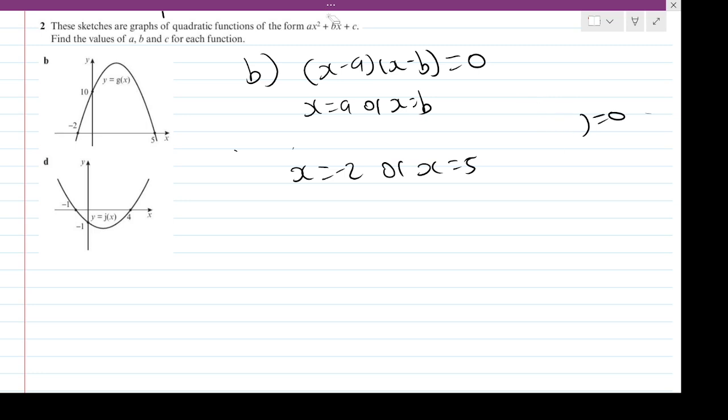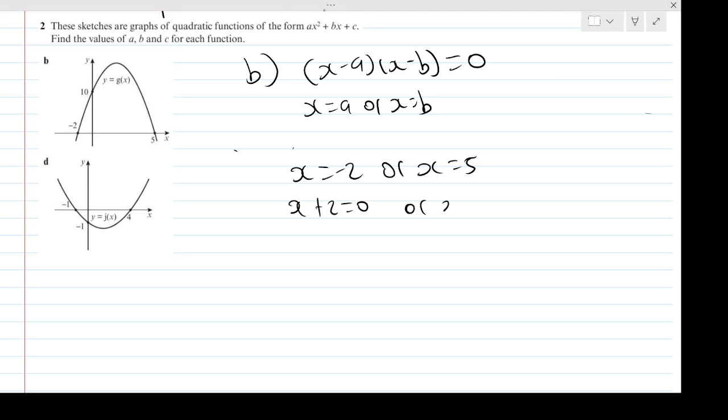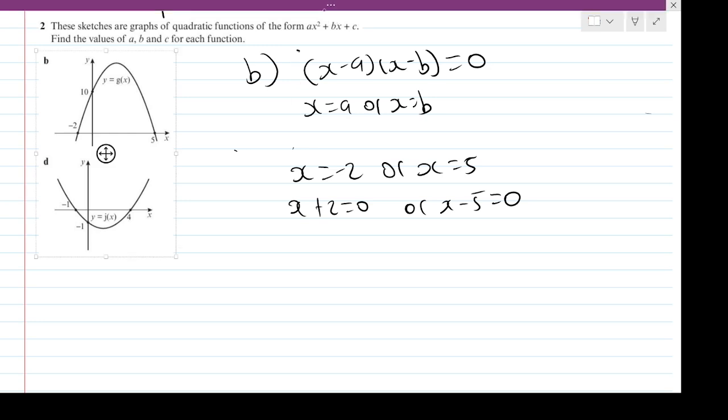Okay, as a reminder. Well, we can work backwards. So if x is equal to -2, then x plus 2, if we add 2, equals 0. Or x minus 5 equals 0. That gives us our two factors, right? So we can work backwards and then say, well, it's x plus 2, x minus 5 equals 0.